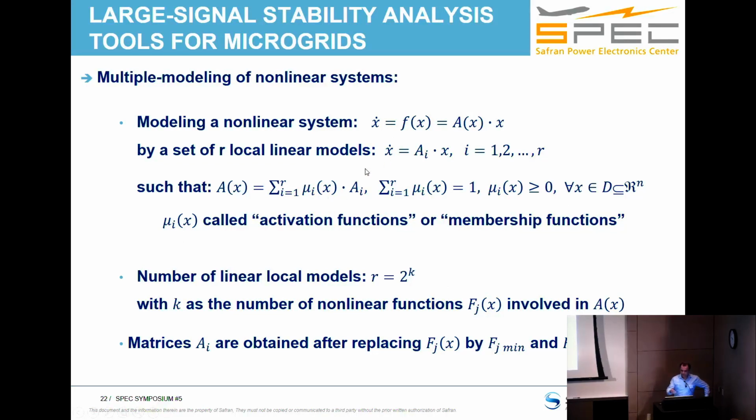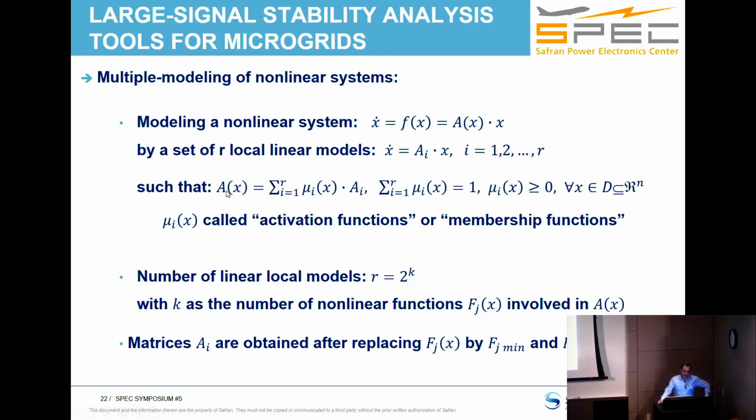Here you have some mathematical background on that. Your system is written under this form. You can write it under this form. A is a matrix, but it is a nonlinear system because this matrix depends on x. And each linear system can be defined with this model, it is an autonomous model in which A_i is a constant matrix, in contrast with A(x), which is a variable matrix.